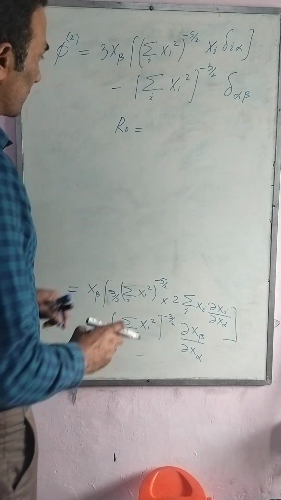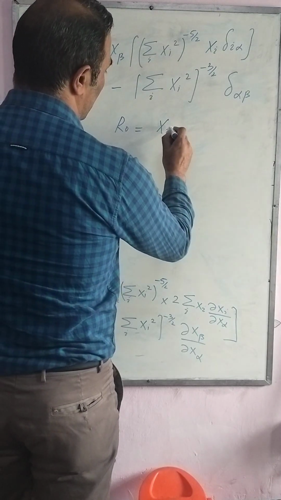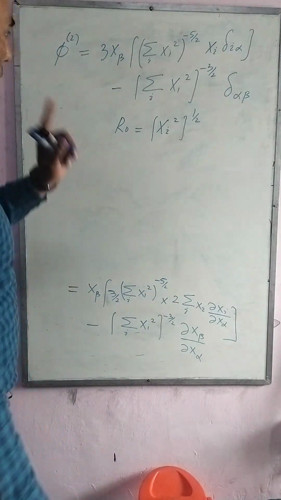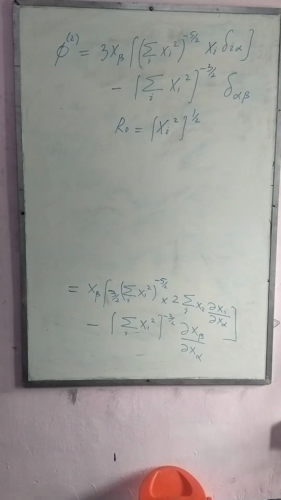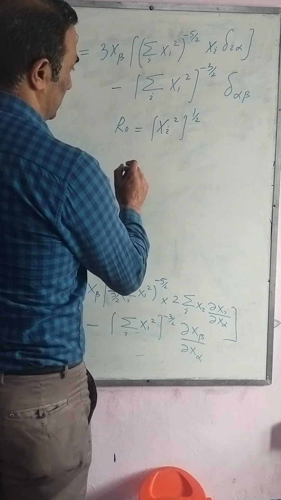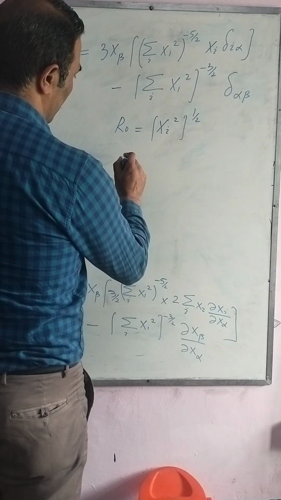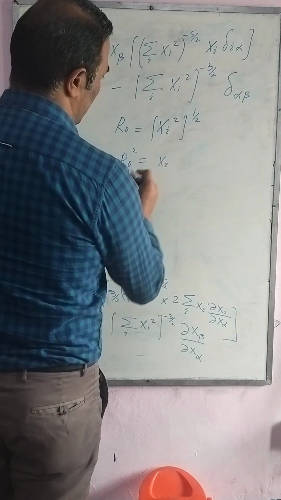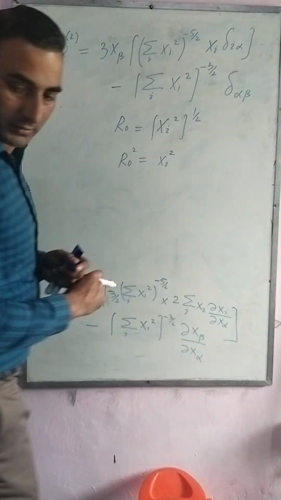So let's write down, because R naught, if you remember, that's our xi square is for 1 by, right? So if you want to calculate now, we can write this as R naught square will be equal to xi square, xi square, right?